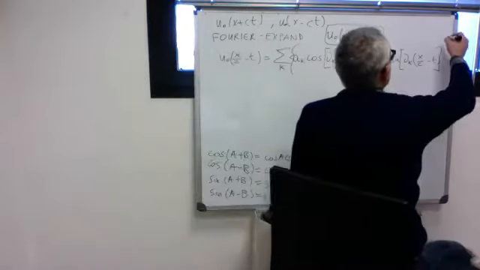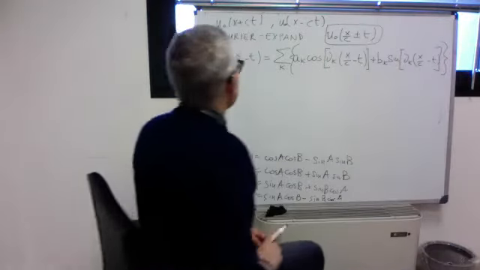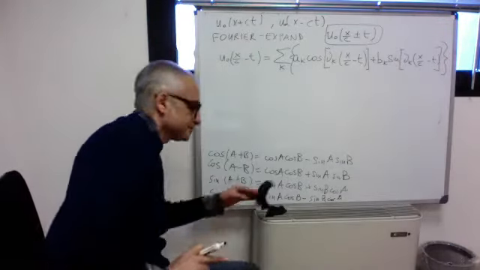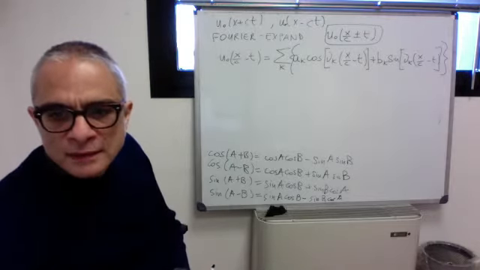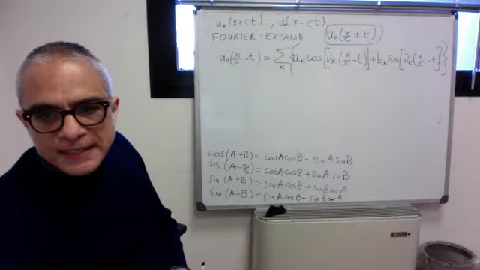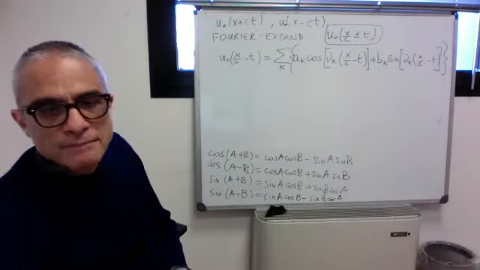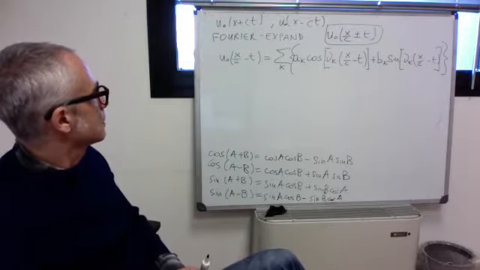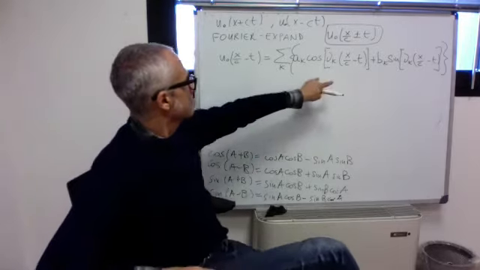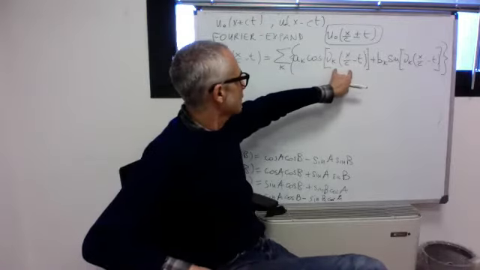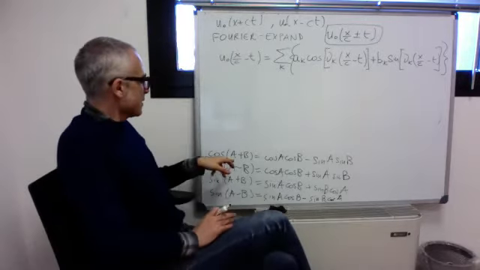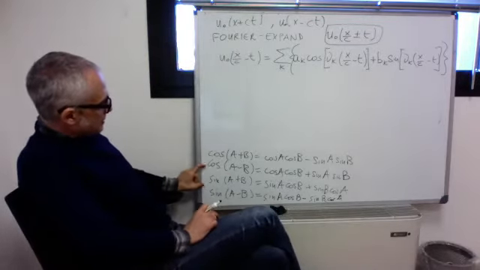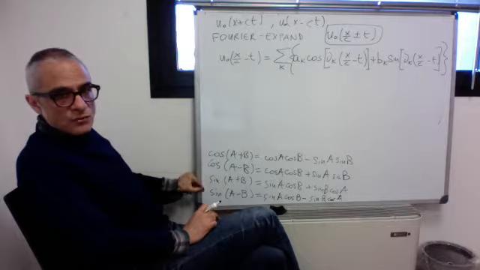Molto bene. And that's when the trigonometry becomes useful. Because look, here I have the cosine of a difference, here I have the sine of a difference. So I have to apply the second and fourth formula here.